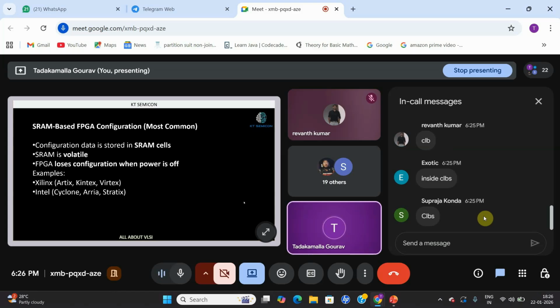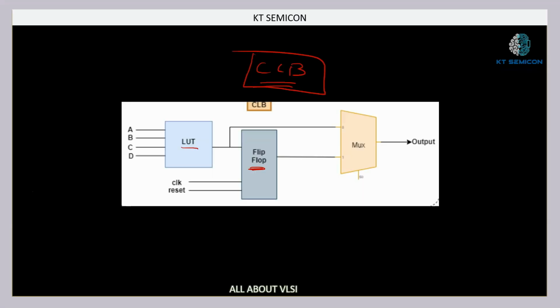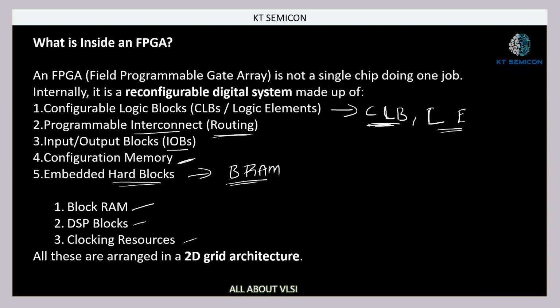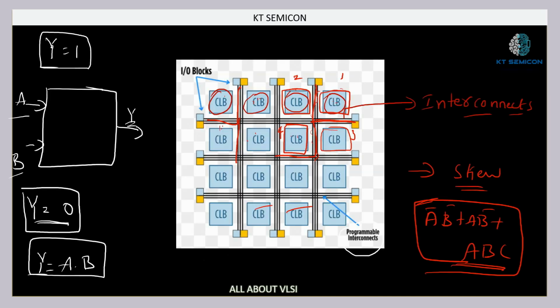Exactly, correct. So that was our discussion in our previous session, where we discussed what a lookup table is and what is present inside an FPGA, what a block is. We haven't started the block RAM yet. And we have seen the number of Boolean functions which we can implement using a two input LUT, three input LUT, and what two input LUT and three input LUT mean, and the architecture of this FPGA where we have programmable interconnects, IO blocks, and all things.